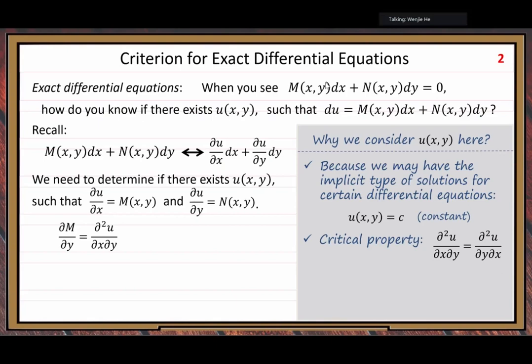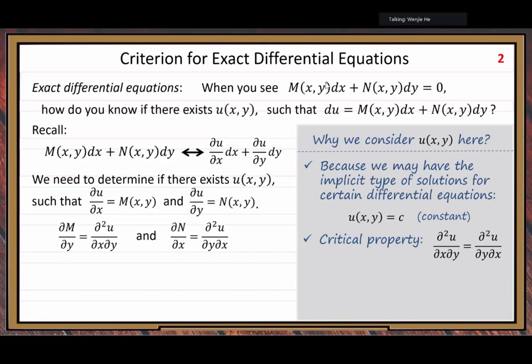So look at that. Assume we have this equality. Then you take partial M over partial Y, a mixed partial derivative, and partial N over partial X, another mixed partial but in a different order.